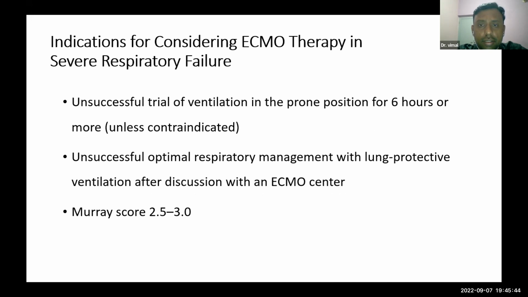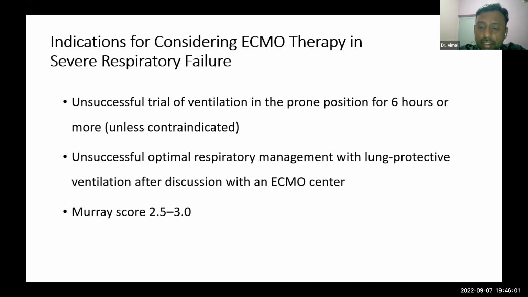And these are the indications that have been recommended from NHS during the COVID-19 pandemic. So unsuccessful trial of ventilation in the prone position for 6 hours. So this is what we routinely follow in our institution.